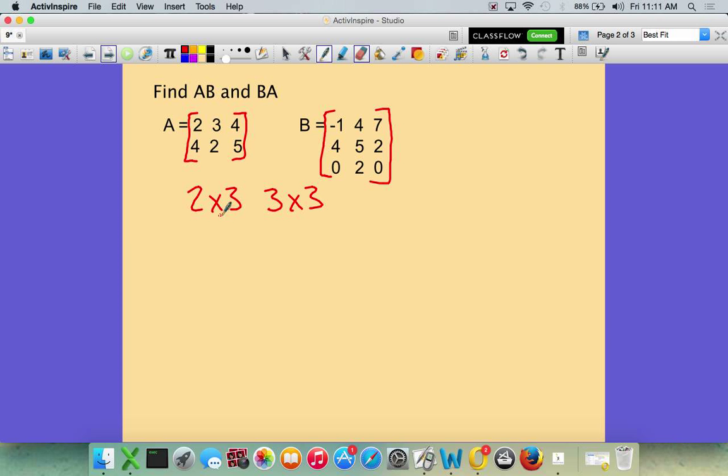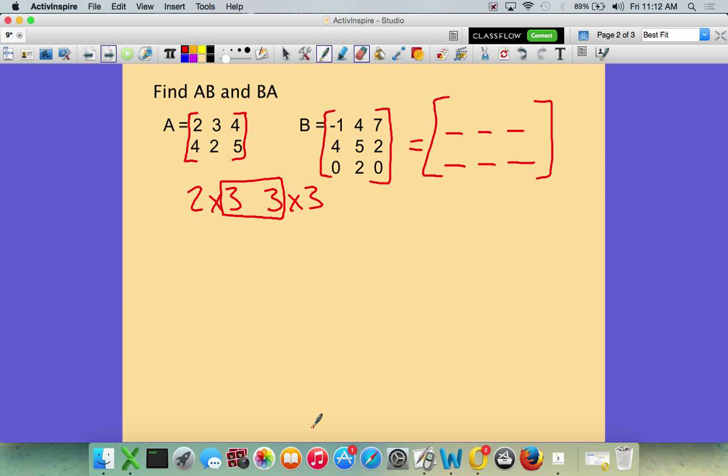Look at the middle numbers, they're both 3's. That's good, that tells us that we can multiply them. And then our answer is going to be 2 rows by 3 columns.